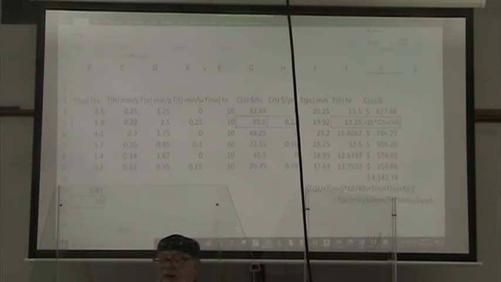Okay, I see where we went wrong. Can you click on the total of batch per hour? Can you click on that so I can look at that cell real quick?